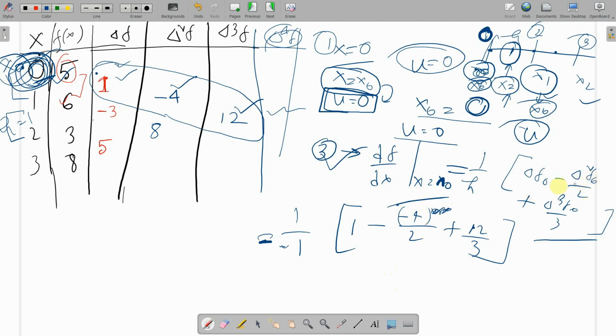Second order difference is -4, third order difference is 12. So it's coming around 1 plus 2 plus 4, which is 7, not 6.